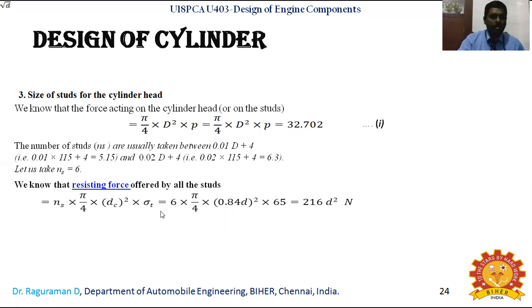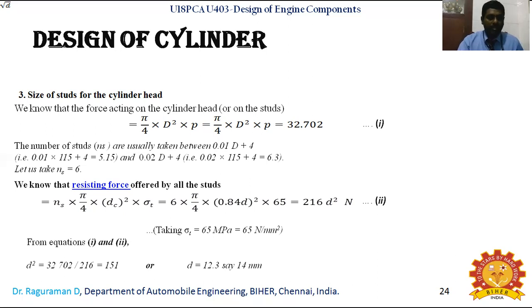Okay. So now the ns value is 6, and the dc value we had taken as 0.84 times d, and the sigma t value we are taking as 65 megapascal, that is 65 Newton per mm square. So you are making it 216 d square. By calculation you are getting 216 d square. So this will be equated to 32.702, so that you can identify the diameter of the studs.